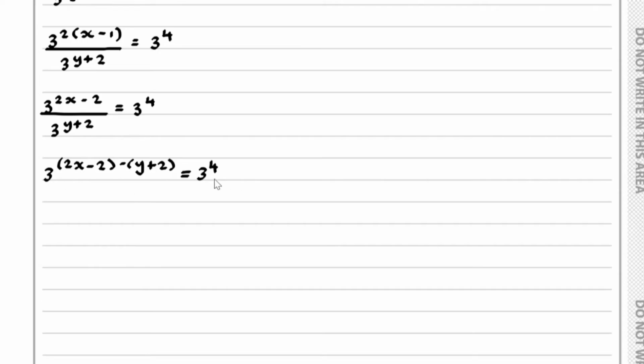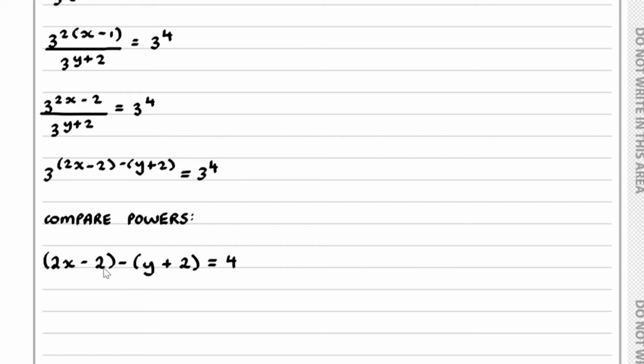On both the left hand side and the right hand side we have the same bases, so we can now compare powers. On the left hand side, we've got 2x minus 2 minus y plus 2. On the right hand side we've got 4.